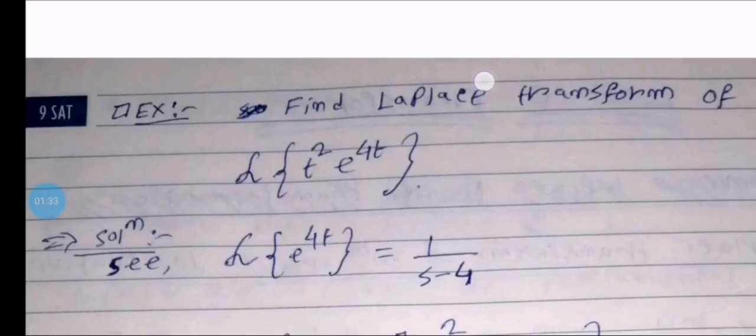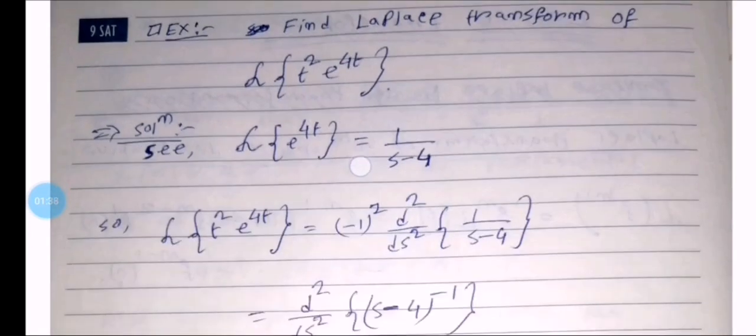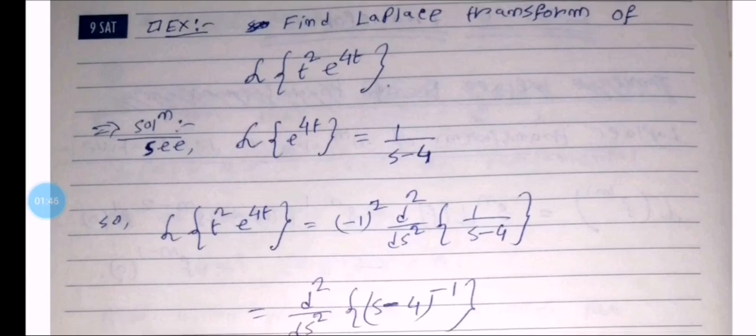So find the Laplace transform of the function t square e to the power 4t. We know that the Laplace transform of e to the power 4t is 1 by s minus 4.